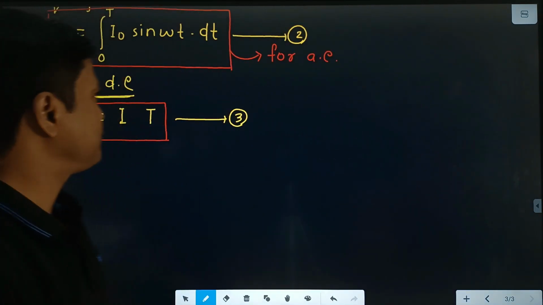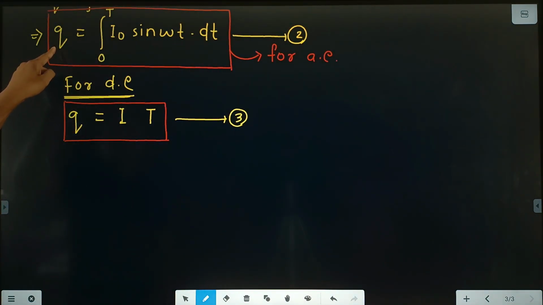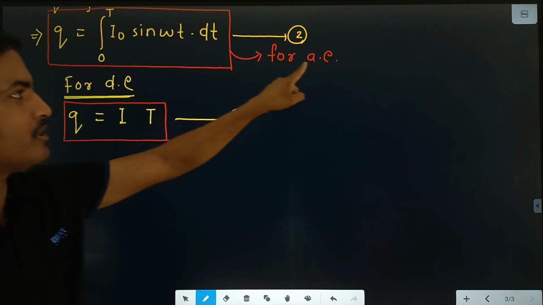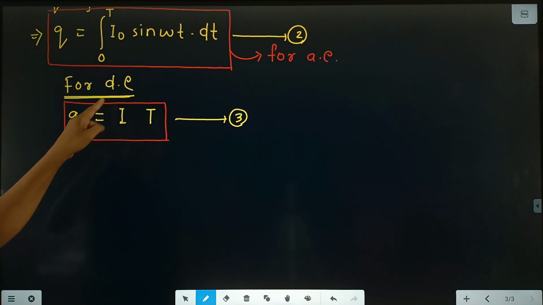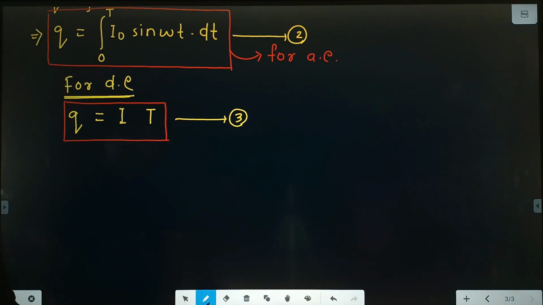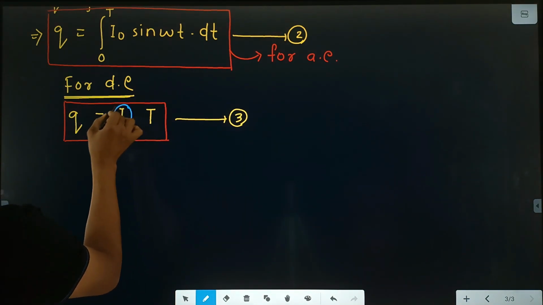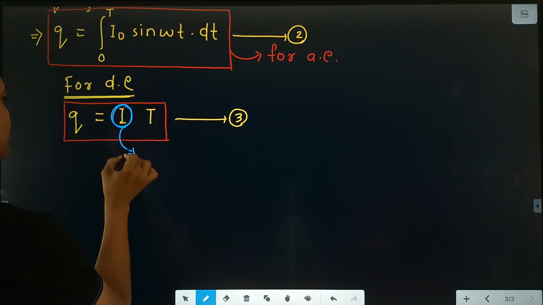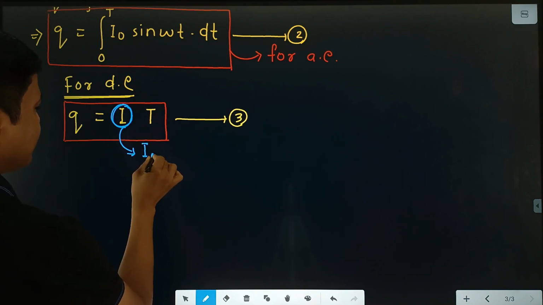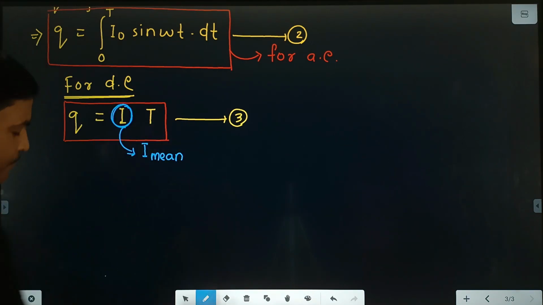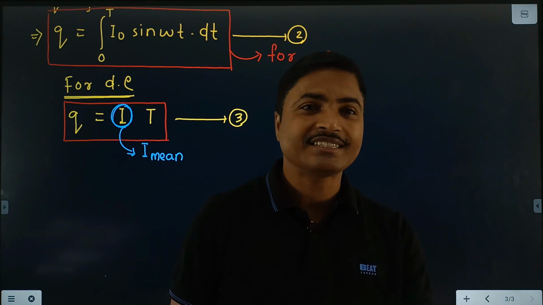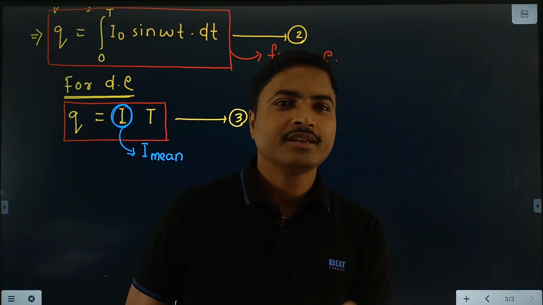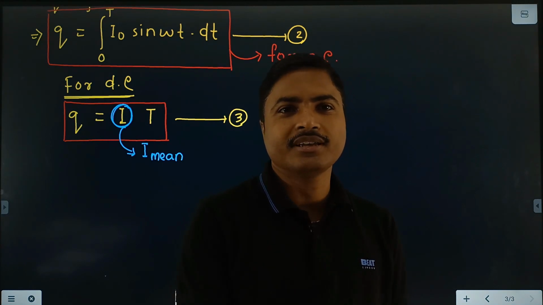And if the charge flowing through the circuit for time T for alternating current is the same as the charge flowing for a direct current for the same time T, then this direct current is known as the mean value, so in place of I, we write I mean. Clear?